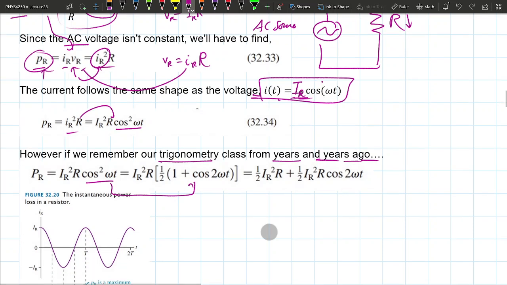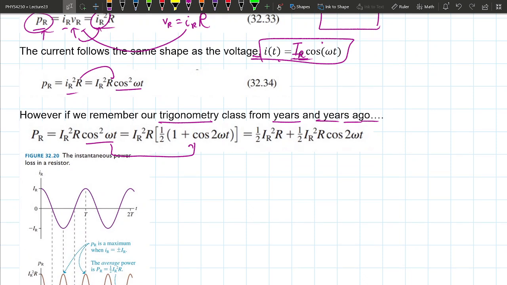Then we're going to see why it's useful to use complex numbers to deal with this. But what's really neat here is that when you multiply this out, you have a constant term, and then you have a cosine 2 omega t term. So when you calculate power, you get a constant, and then you get twice the frequency.